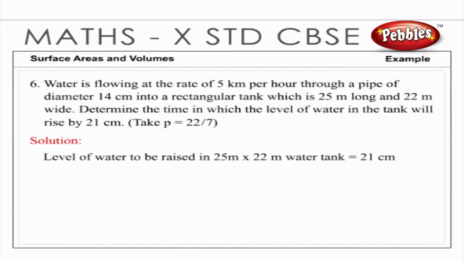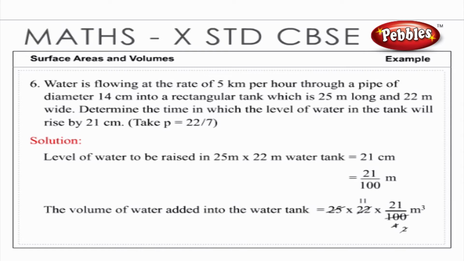Level of water to be raised in the 25 meter into 22 meter water tank is equal to 21 centimeter, which is 21 by 100 meter. The volume of the water added into the water tank is equal to 25 into 22 into 21 by 100 meter cube, which is equal to 231 by 2 meter cube.